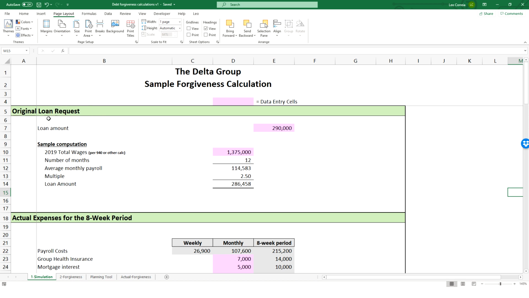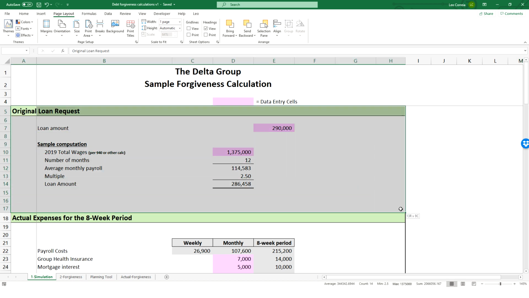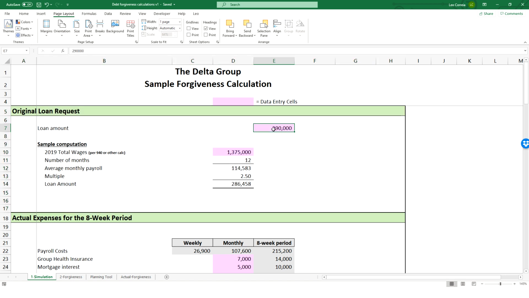First of all, the first section we have is the original loan request. In here, we really only need to put what the original amount is, and in this situation, I have $290,000. I put in the sample calculation tool for the PPP program.